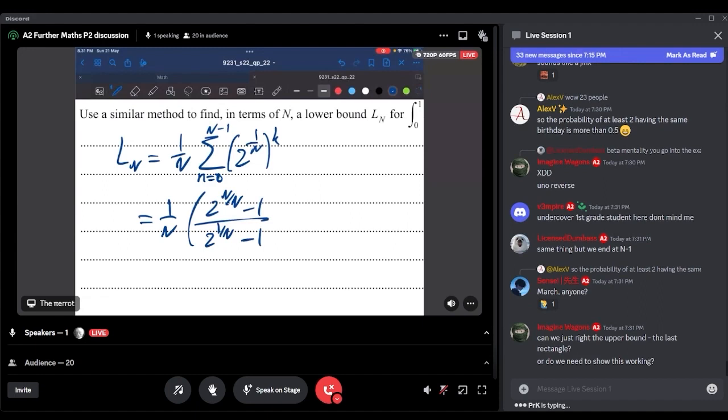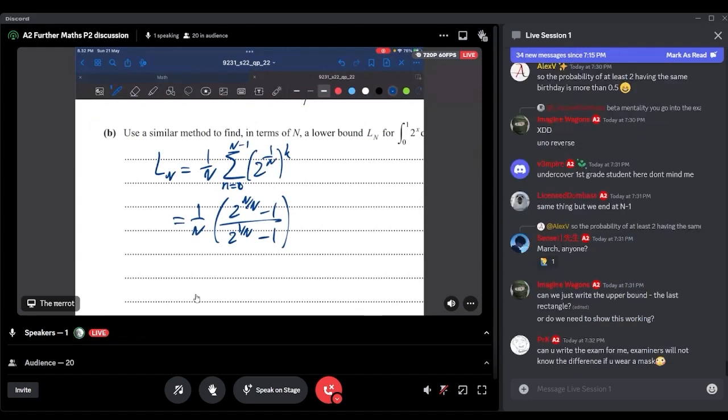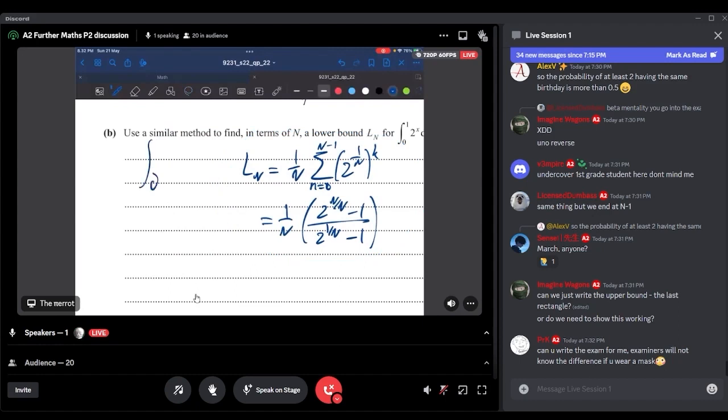Can we just write the upper bound minus the last rectangle, or do we need to show this working? I don't think so. You just have to write this. Just write it like that and it's all okay.